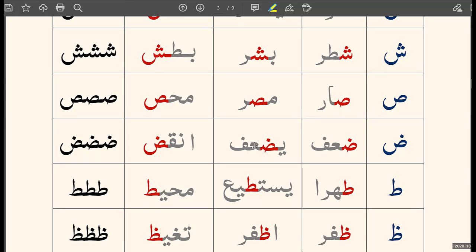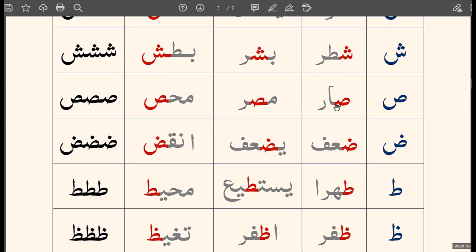Remember, columns number 2, 3 and 4 are all actual Quranic words. If we put harakat, strokes, on them, they are meaningful words. Each word has been taken from the Quran. For example, sod, alif, ra: when we apply a stroke on sod and ra, it will be Sara.